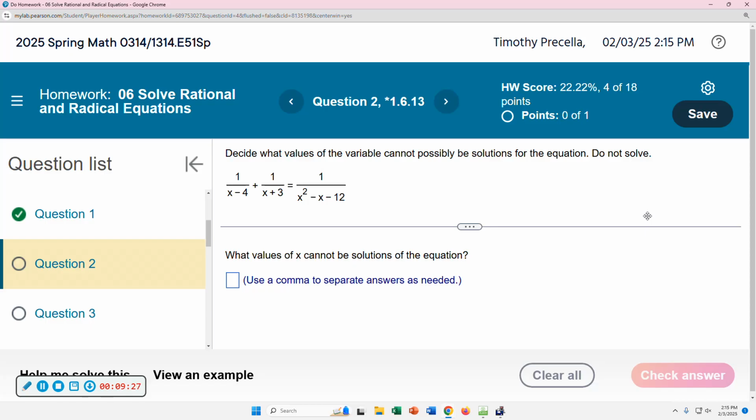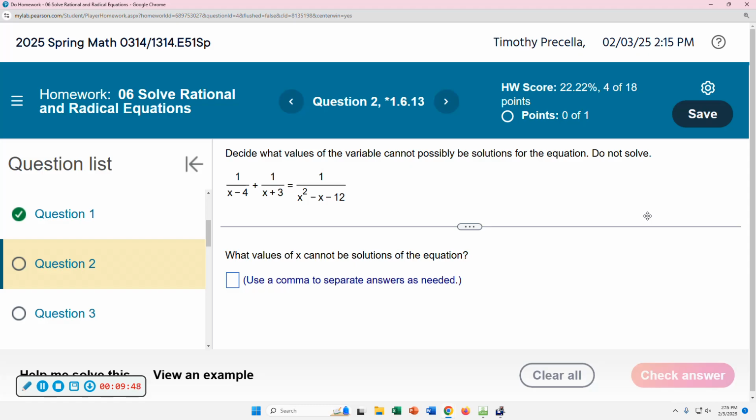Okay, 1 over x minus 4 plus 1 over x plus 3 is equal to 1 over x squared minus x minus 12.